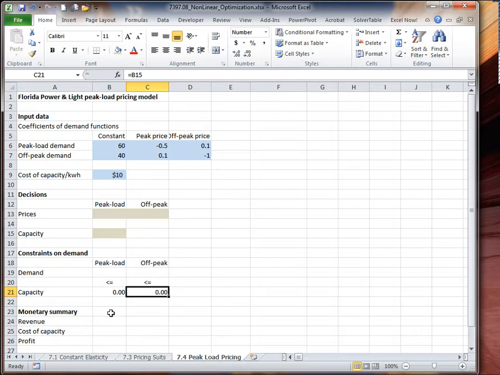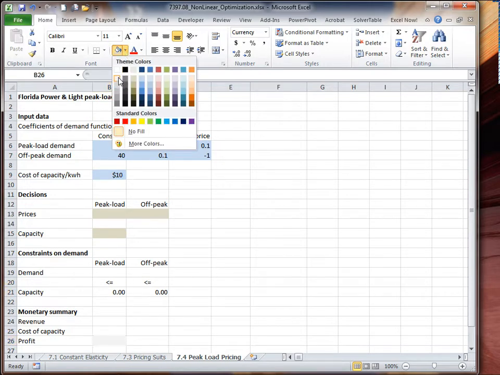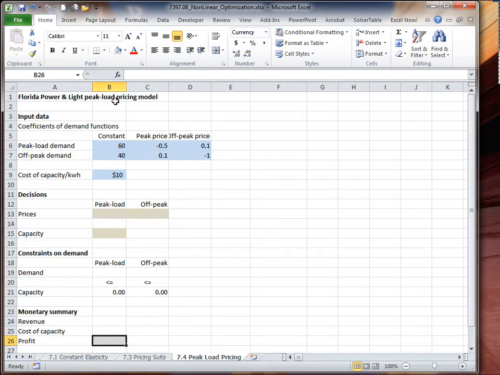What's our objective function? Our objective function is profit. How do we determine profit? Okay, revenue minus cost of capacity.